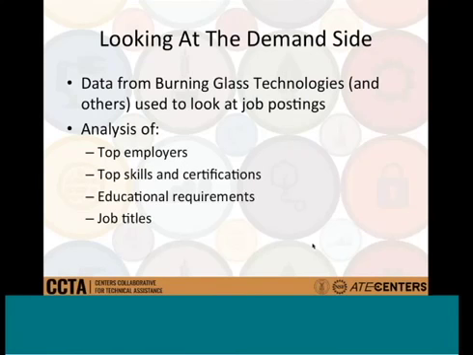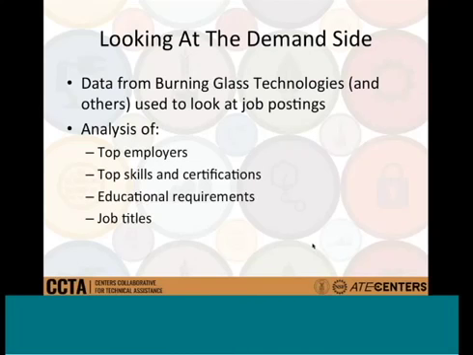Let's look at the demand side. Remember I mentioned the demand side in the very beginning of the webinar. Well, how do you do that? You look at data from a place like Burning Glass Technologies and others. There are other names too. And you're going to use that data to look at job postings, current job postings. Now, this is not new. This has been done for a while now.